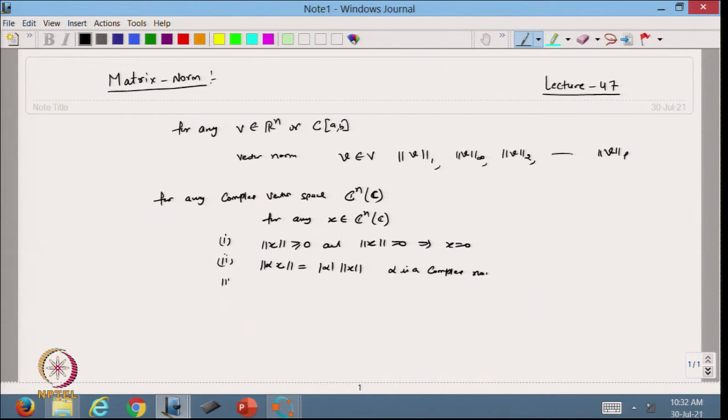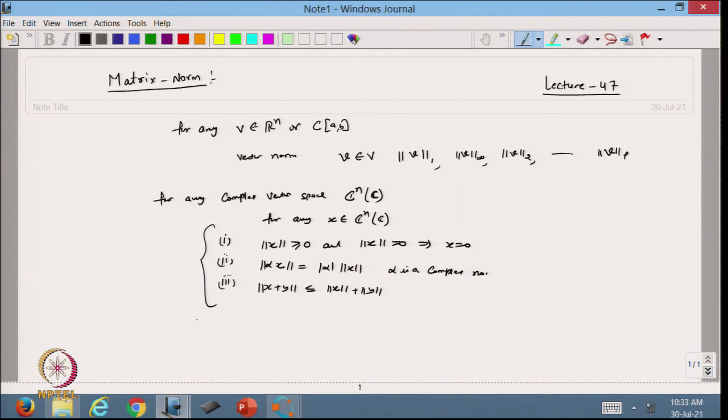And the third one is the triangle inequality: if I take any two vectors, the norm of the sum is at most the sum of the norms. So this is also true in the case of a vector space defined over the complex numbers.